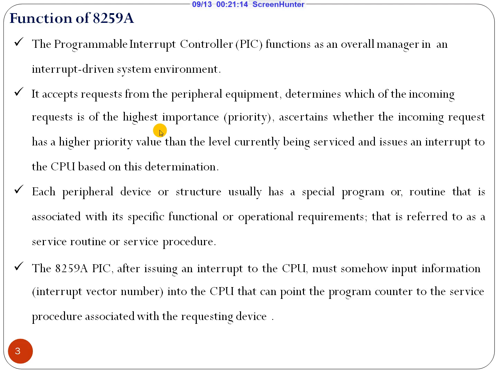The function of the 8259 is prioritized interrupt control. It gives importance to the highest priority interrupts, and it may be programmed for interrupt controlling and processing depending upon the user's criteria.